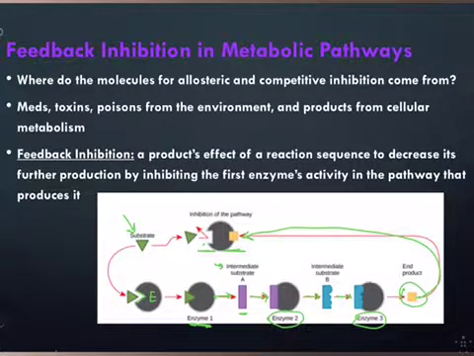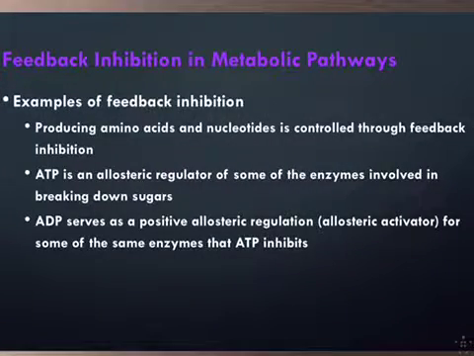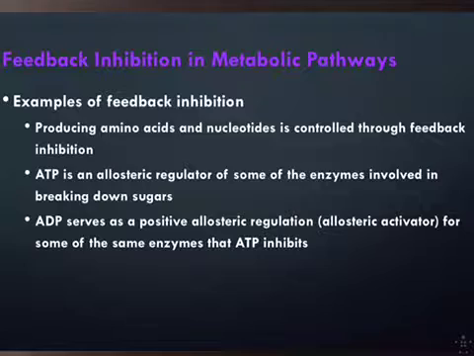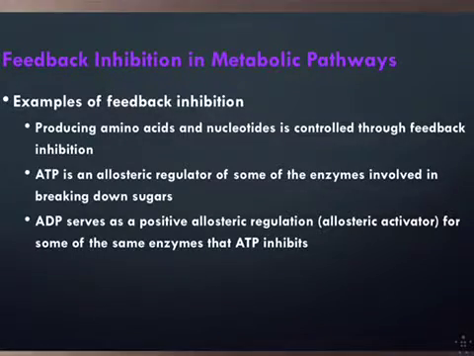The other thing that is showing you is how we have this feedback loop, how the product actually can inhibit the reaction from occurring any further. And this is a real thing in your bodies, and it's a good thing usually. So we see this when we produce amino acids and nucleotides. It's controlled through feedback inhibition.